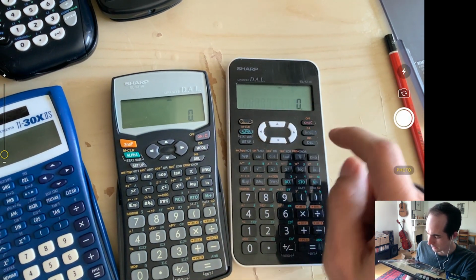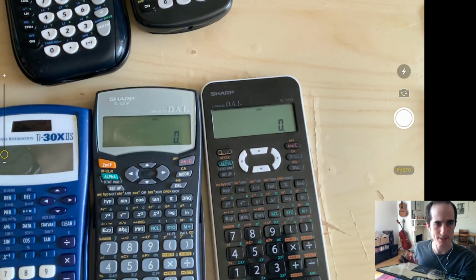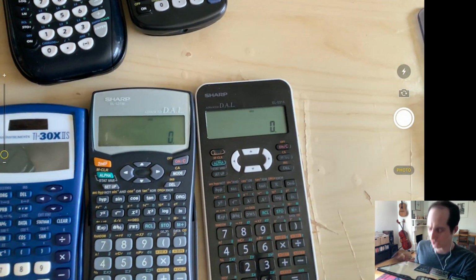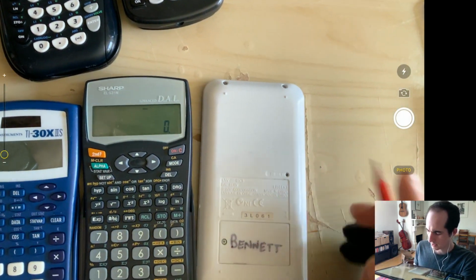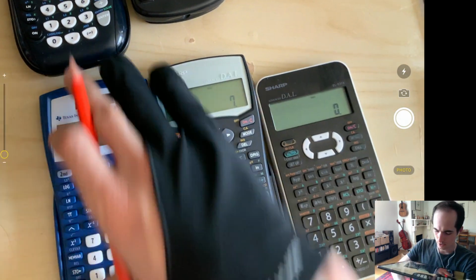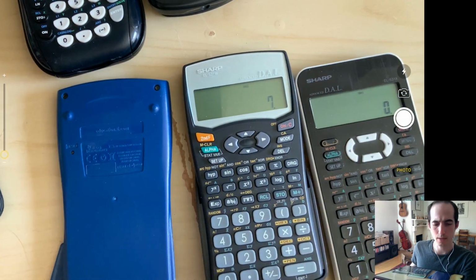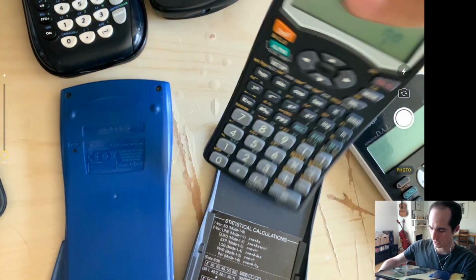If your calculator's ever messed up, or if you just want to double check, maybe it's right before a test and you want to make sure that nothing's going to be all messed up, just hit the reset button. It's easy to find. It's on the back. Not 100% of calculators have them, but every calculator that I've come across has one.